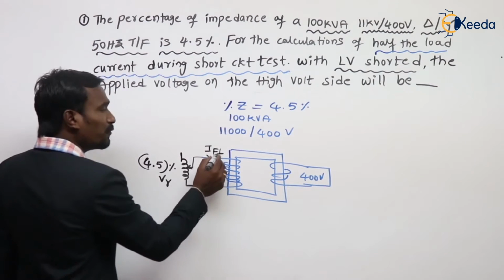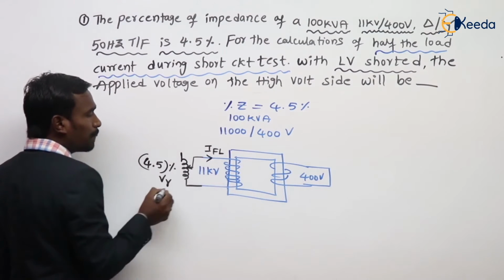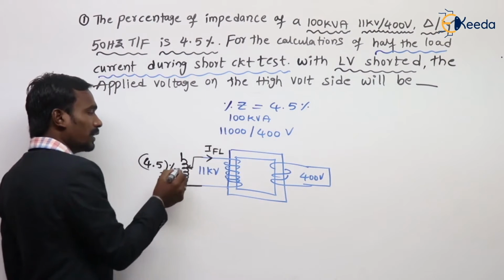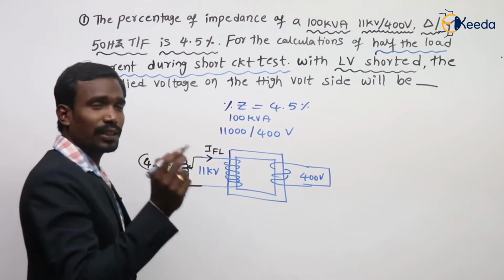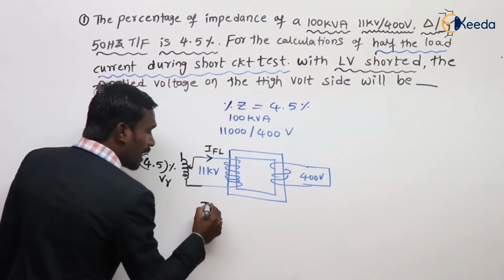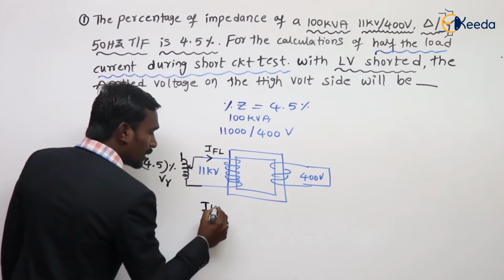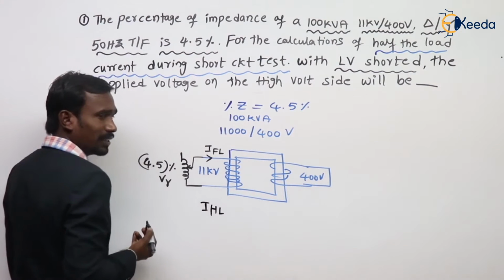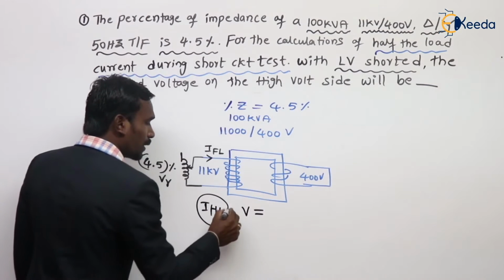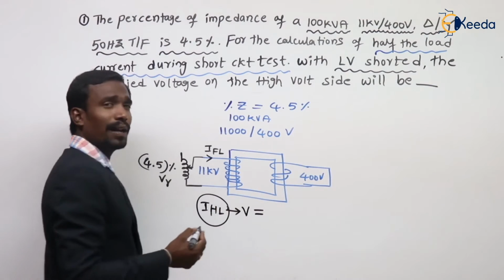To get half of the load current, what is the applied voltage on the HV side? Let's do it here.